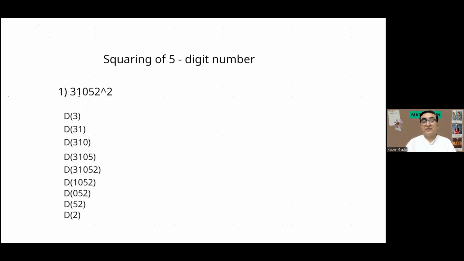Now, D3, it's an individual digit. I've already told you, for that we simply need to square it. So for D3, it is 9. Then for D31, I'll multiply the 3 and the 1, and I'll double it. So it becomes 6. Then 310.